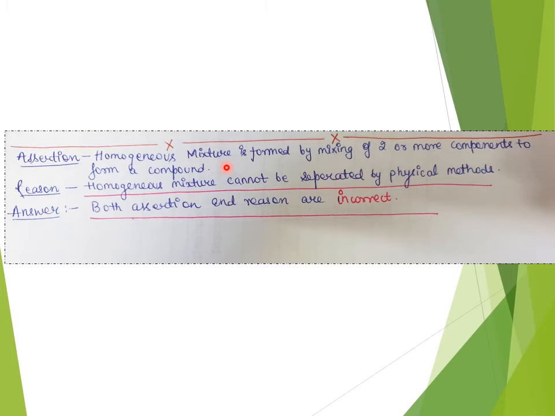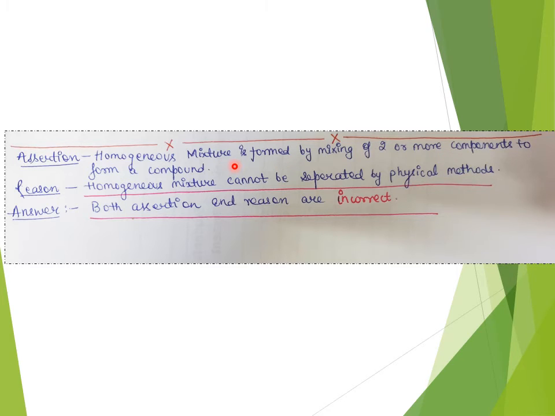Otherwise, we would have kept mixtures in the category of compounds. We have said they are in the mixture category, and mixtures do not form compounds, they simply mix with each other. That is why they are called mixtures. So homogeneous mixtures are formed by mixing two or more components, yes, but they do not form a compound. So the assertion is wrong.